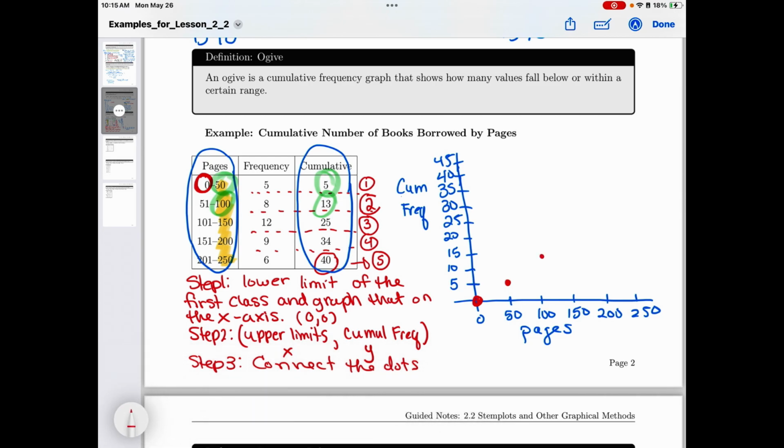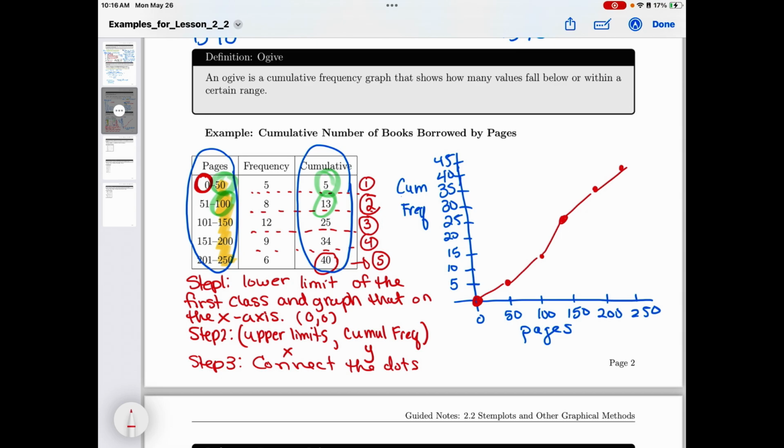And then I'm going to use 150 for my x and 25 for my y. Then 200, 34, so right about here. And then the last point is 250 and then up to 40.